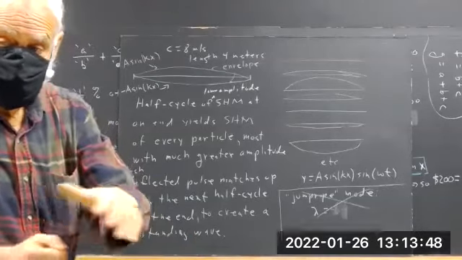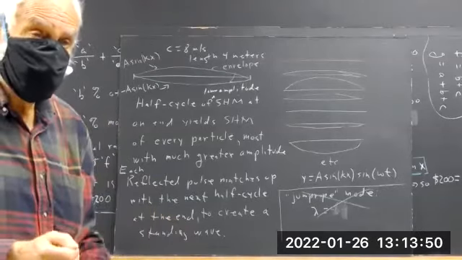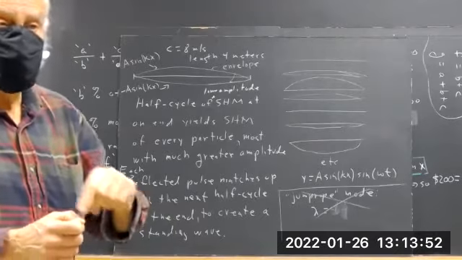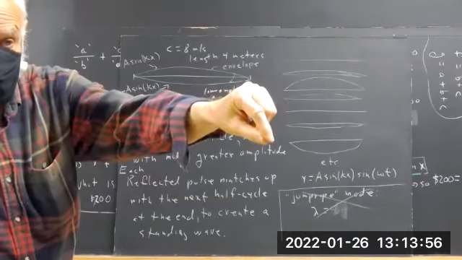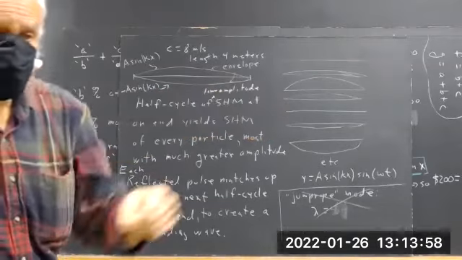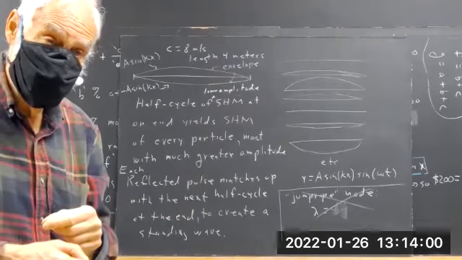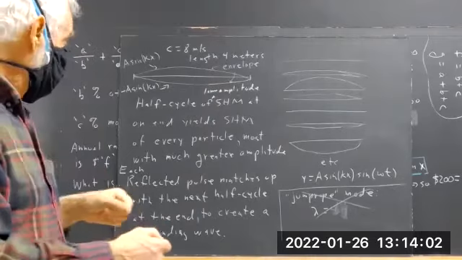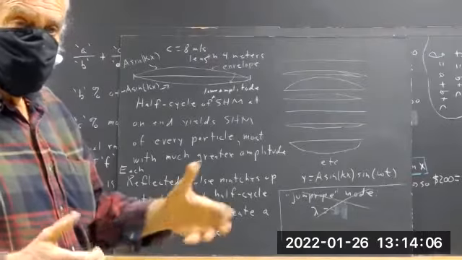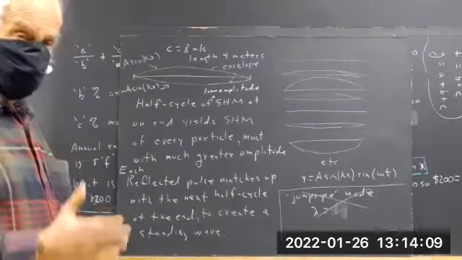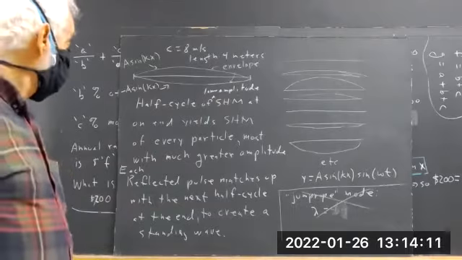And every time this happens, if I'm doing this at the right frequency, so that the time required for the pulse to get down there matches up with the time of half pulse, so the time it takes to get back matches up with another half pulse, okay? If that occurs, then if I'm at the right frequency, I'll get a standing wave that looks like this. We call that the jump rope mode.